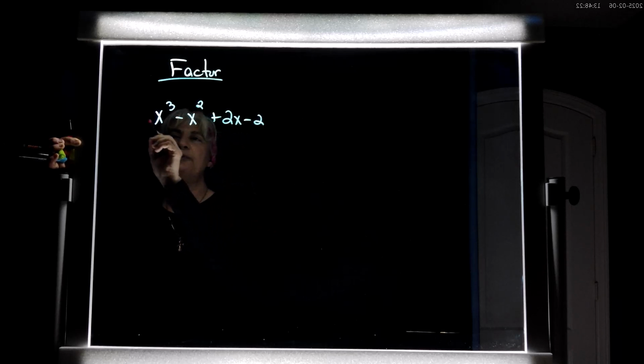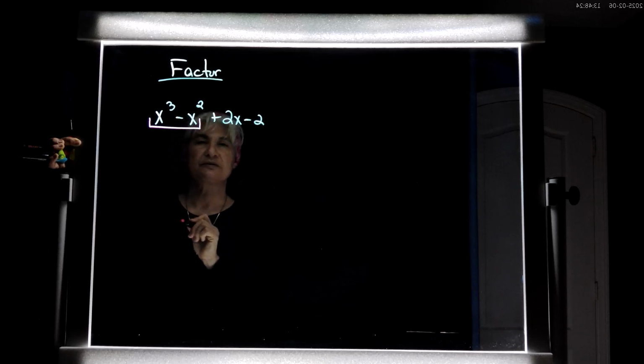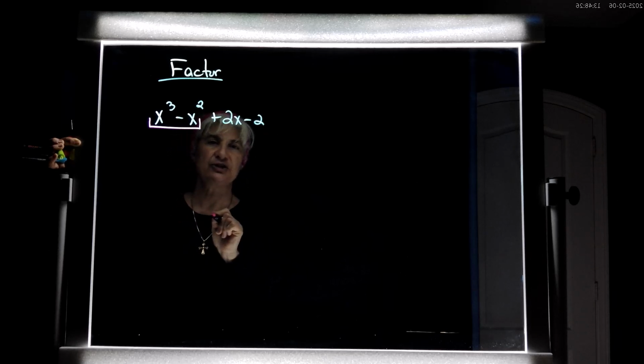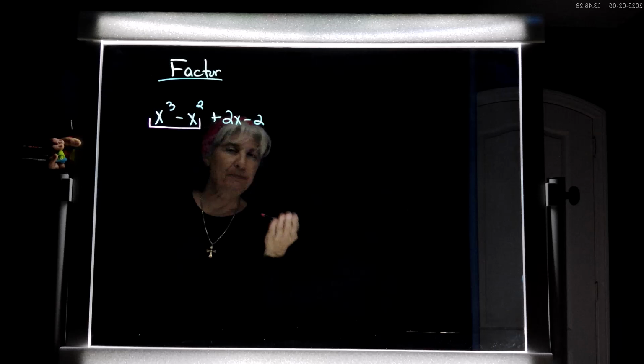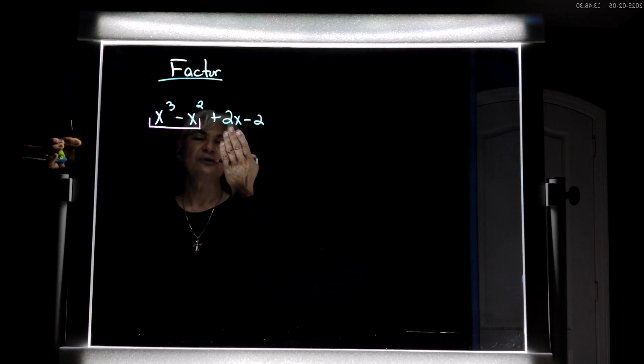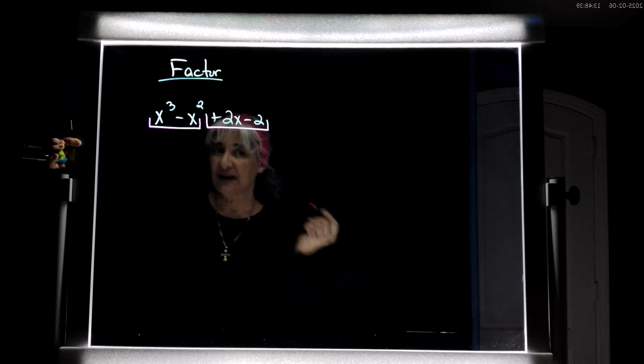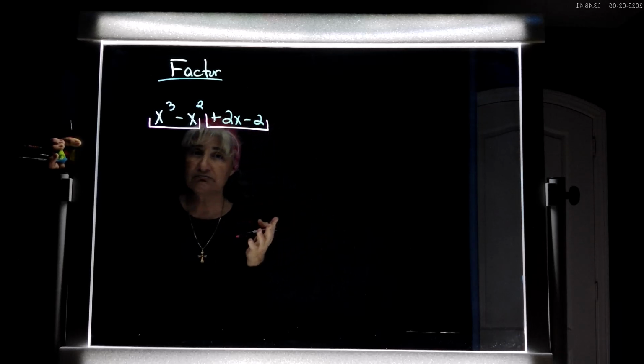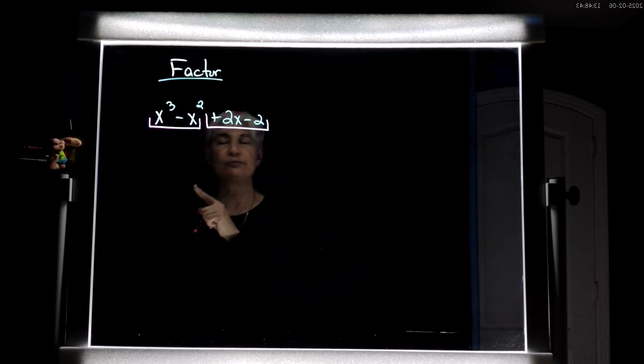So when I group, I'm going to group the first 2 terms, and then I'm going to group the second 2 terms. Sometimes I call it pairing. And when I start pairing the second 2 terms, do you notice the first term of the second pair is positive? So the positive sign has to go with it. Good?